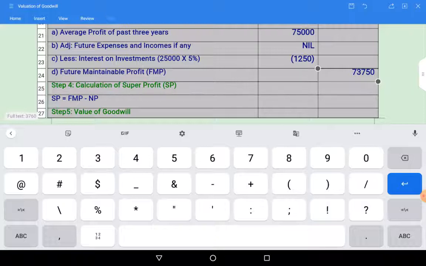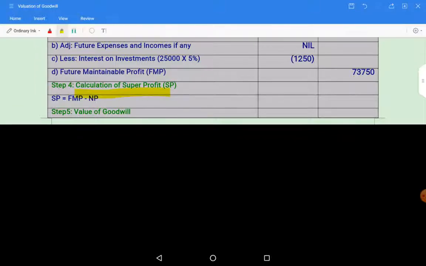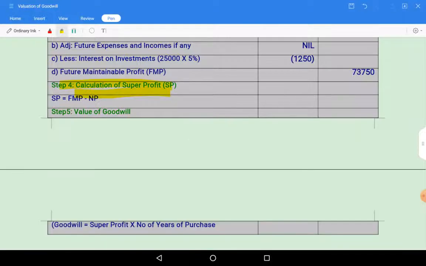Super profit, step 4. Here we are. So super profit, here we are having FMP.